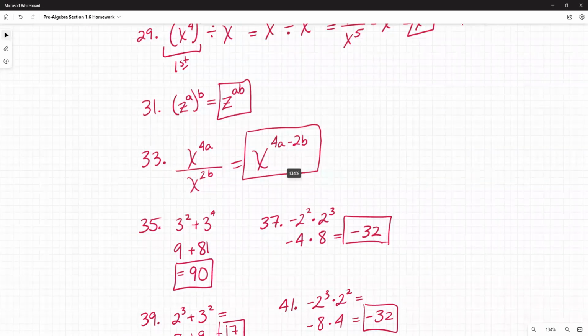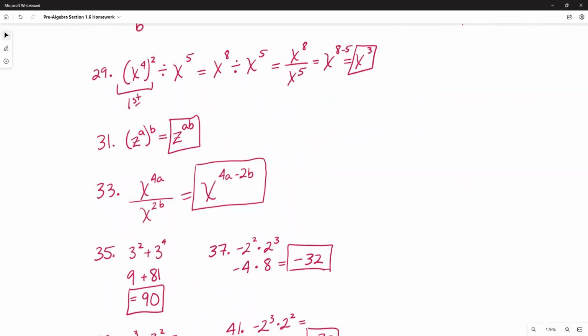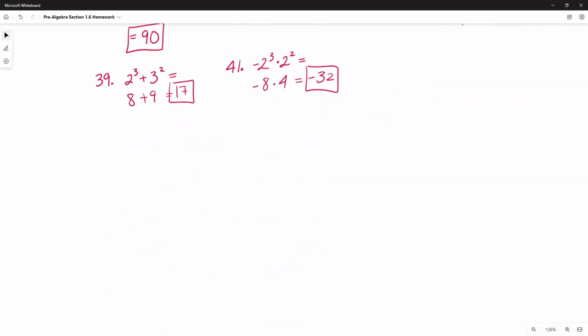Okay, so I think the other part was a little bit of review. So go on to the back in the cumulative review section, and 51 through 59.